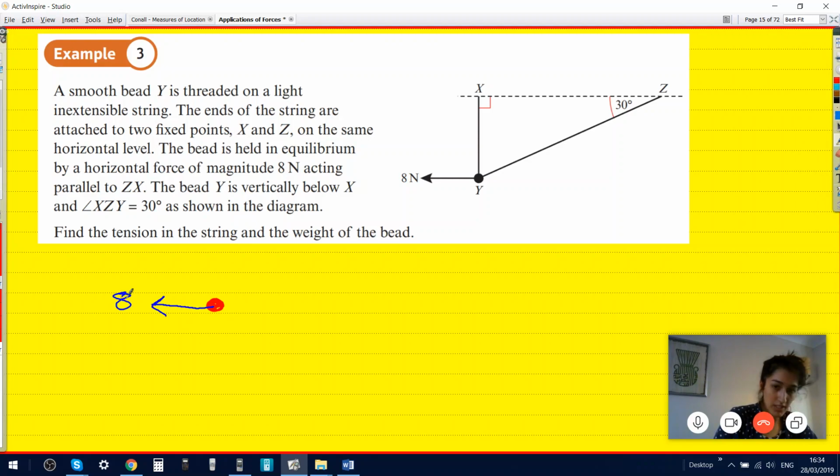That's 30 degrees, and then we have force going left, 8N. The ends of the string are attached to fixed points X and Z. The bead is held in equilibrium by a horizontal force acting parallel to XY, Y vertically below X, and Z. Find the tension in the string.